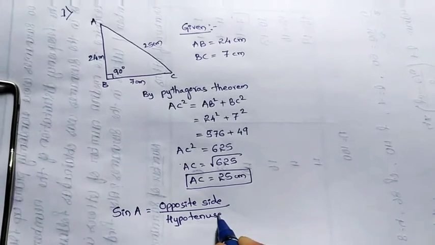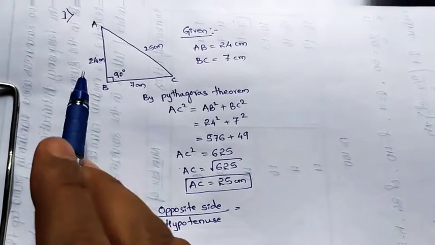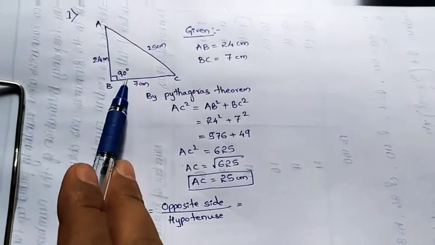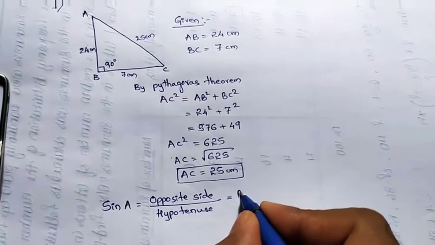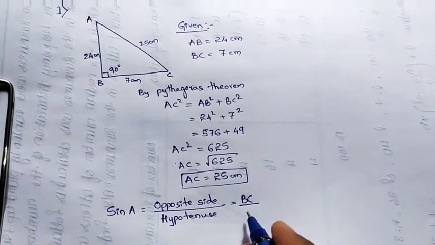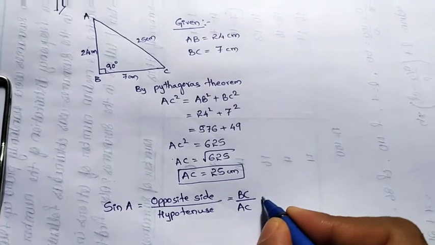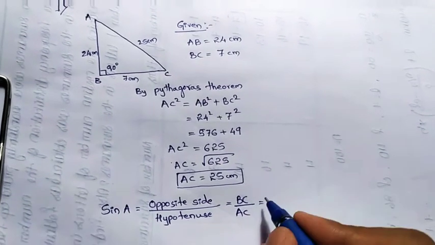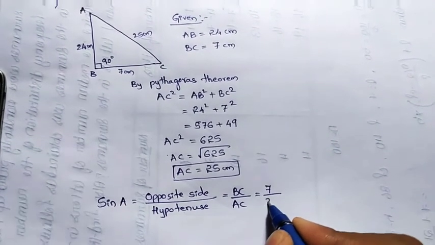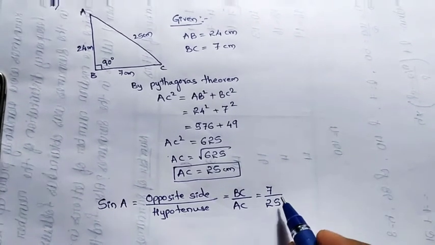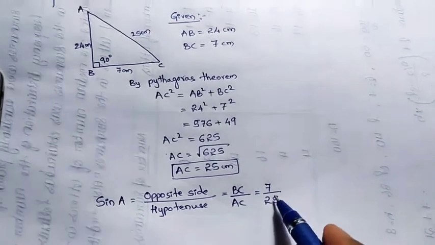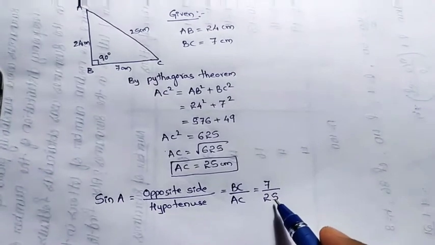The opposite side to angle A is BC and the hypotenuse is AC. BC is 7 and AC is 25, so sin A equals 7 by 25.